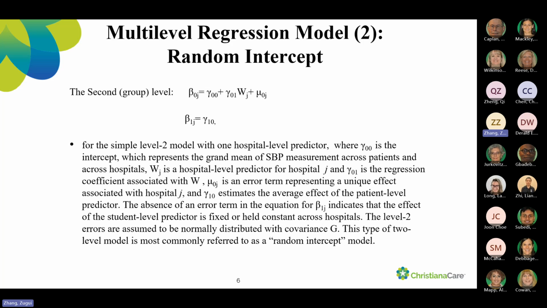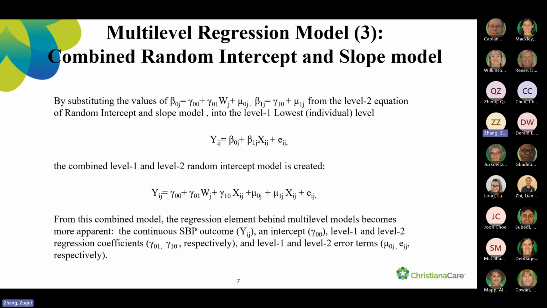And here we will have the intercept for the measurement outcomes across patients and across hospitals. So now we have 2 levels. Level 1 is patients, and level 2 is hospitals. So this is the second level equation.